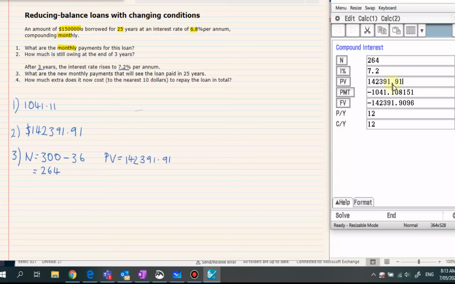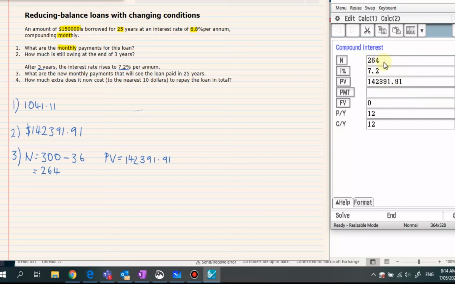That's how much money we still have, so that's not going to change. We want the future value to be 0. Future value is still going to be 0. And we are interested in what that figure is going to be. Okay, so we want to solve for that.